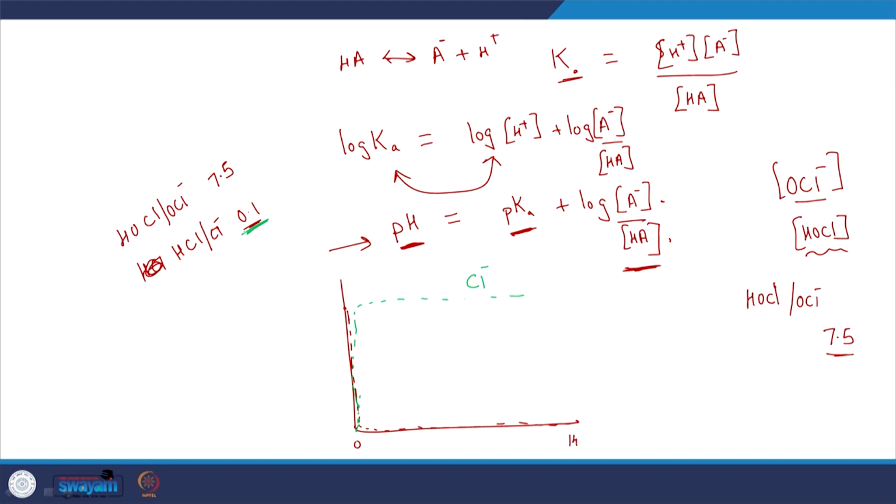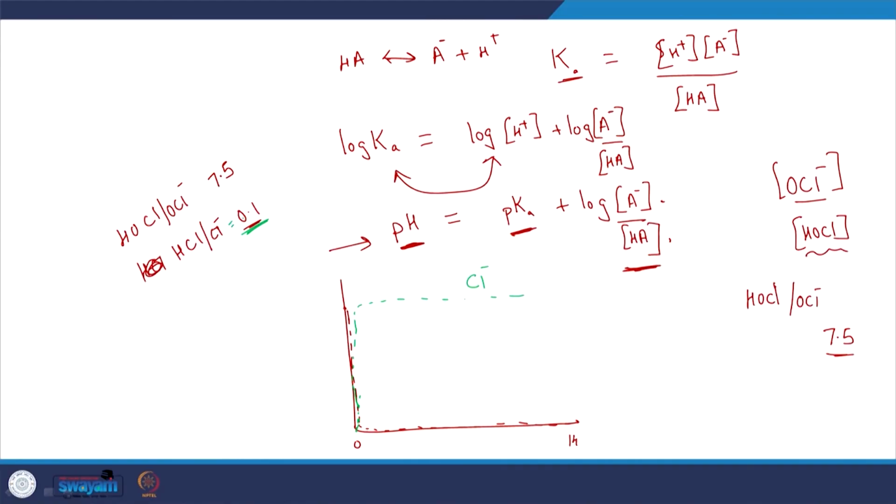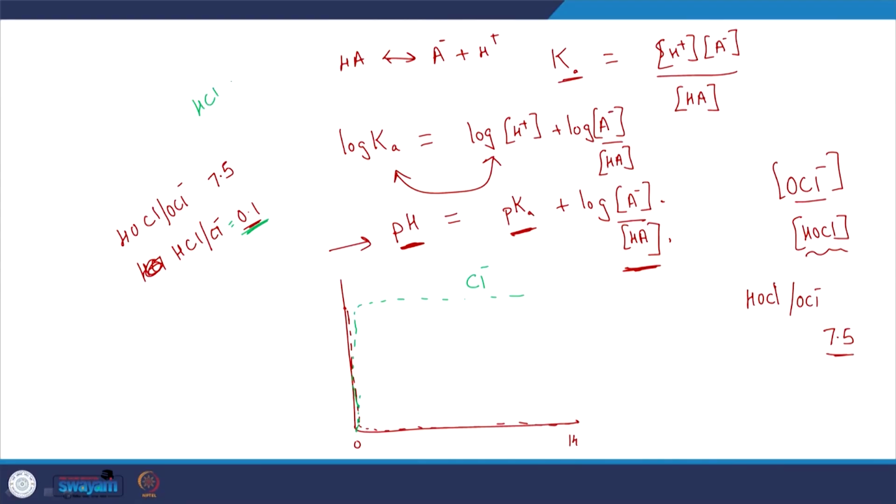So, at any pH it will give out its H plus, meaning it is a very strong acid. Please note that the pKa is not 0.1, it is negative or less than 0. So, at all practical pH of water, whenever you add HCl, it will always dissociate to give H plus and Cl minus, thereby decreasing the pH of the water, but that is not the case with HOCl.